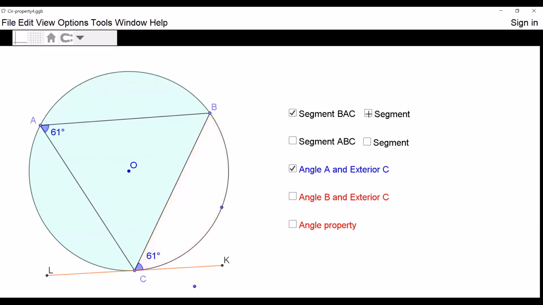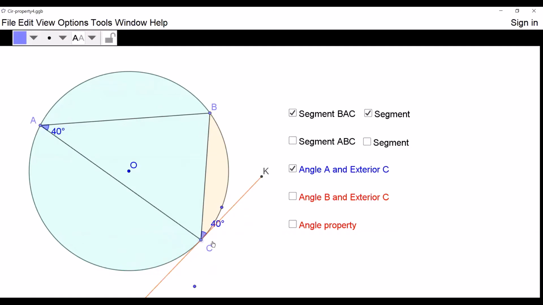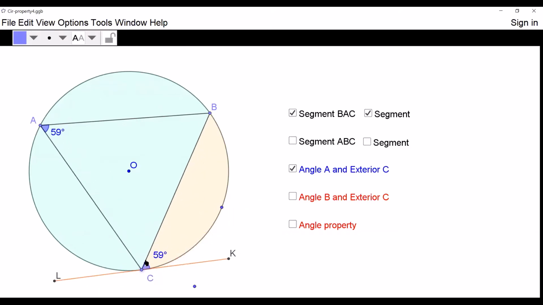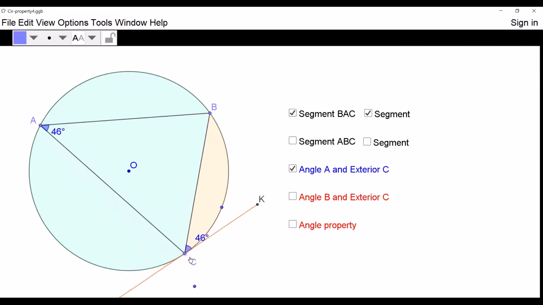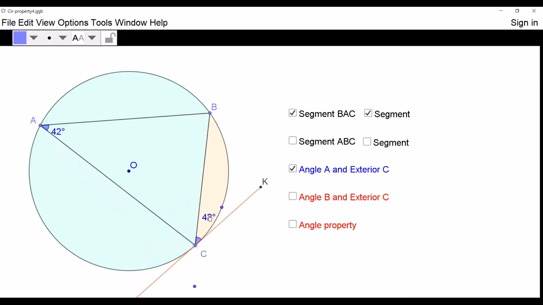So one segment here and another segment in blue here. So observe the angle in this segment, that is between the chord BC and the tangent, this angle, and angle E. So we can see that they are the same.